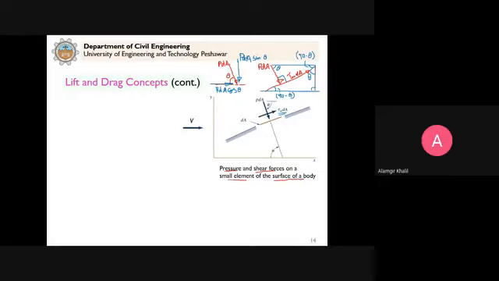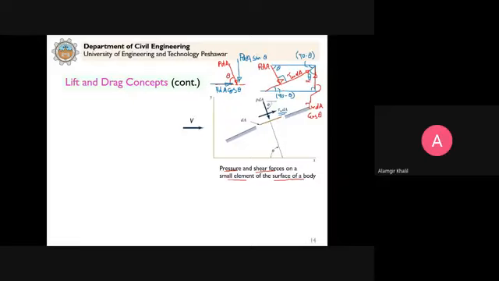Or if you want to simplify, let us resolve this with respect to this vertical. So it will have this component here. How much will this component be? Tau W dA cos of theta. Agree? I am now resolving this with respect to this theta here, so this will be cos of theta.